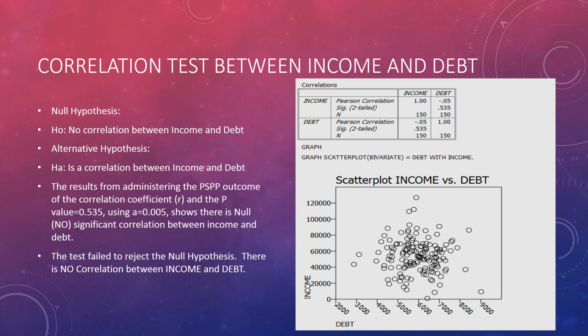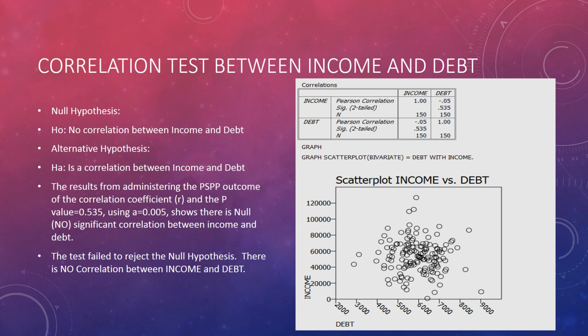The first slide is the correlation test between income and debt. On this chart, you will see the null hypothesis, which is no correlation between income and debt. The alternative hypothesis says there is a correlation between income and debt. The results from administering the test show the correlation coefficient, which is R, and the p-value equals 0.535.